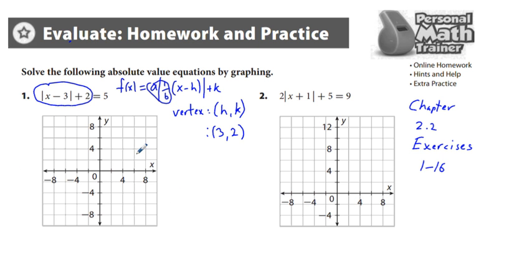So 3 comma 2 is going to be our vertex. To go there, we go to the right 3 from the origin and up 2. So right there. I'm going to label that point 3 comma 2.